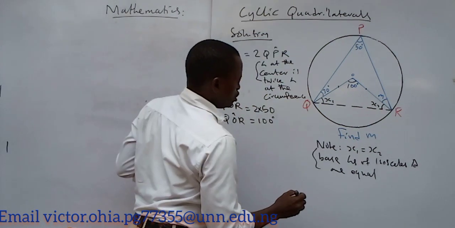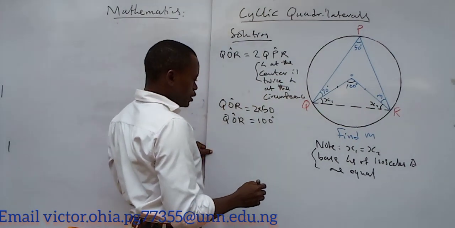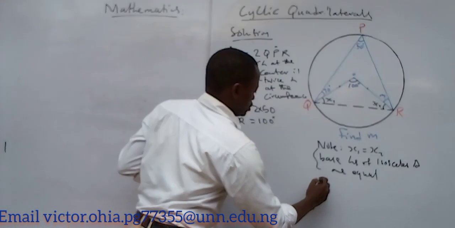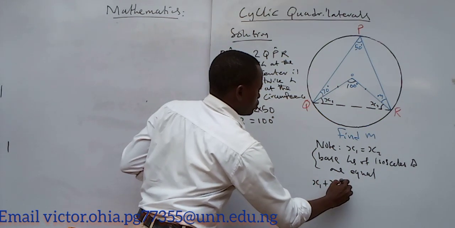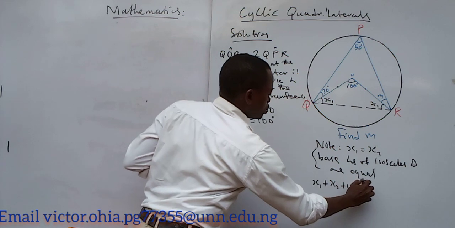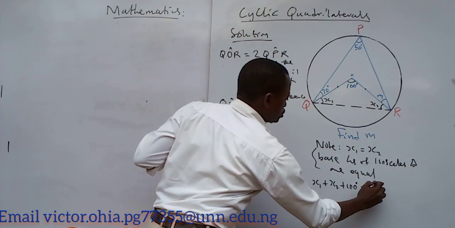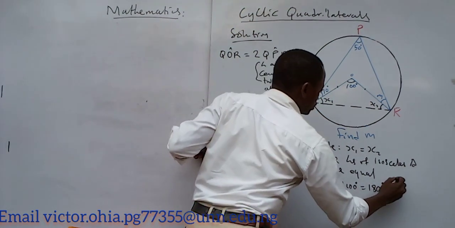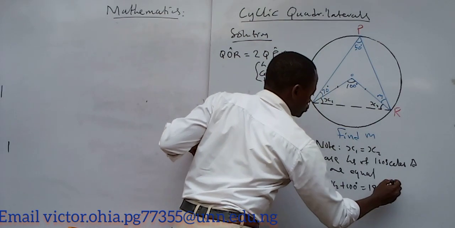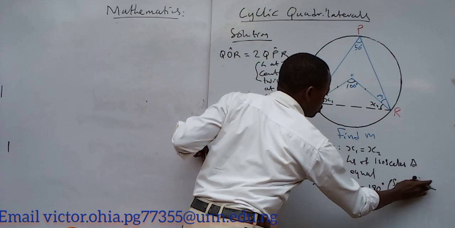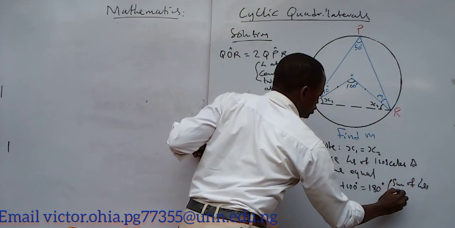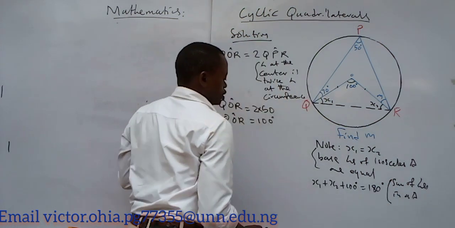That means I can say that x1 plus x2 plus 100 degrees is equal to 180 degrees, sum of angles in a triangle.